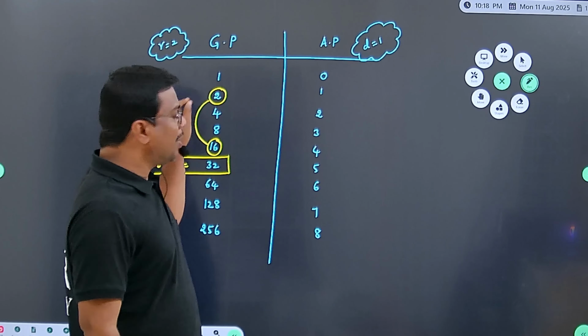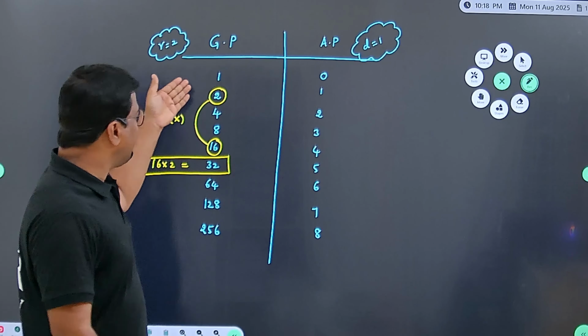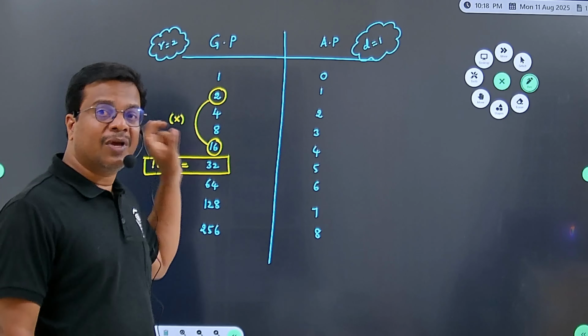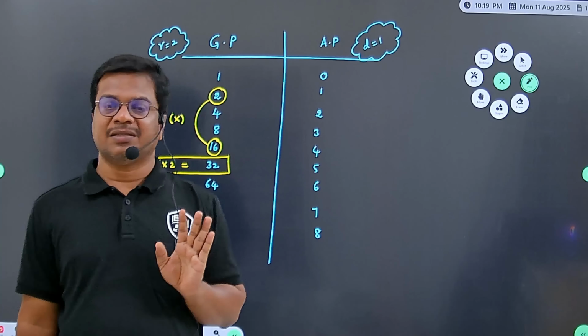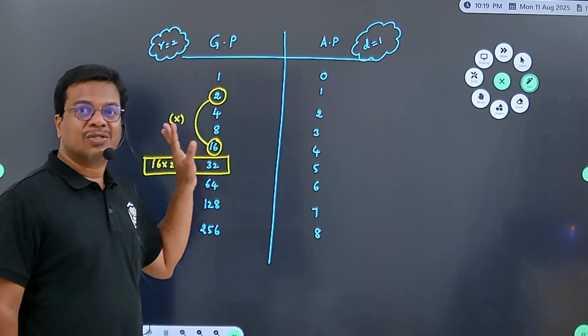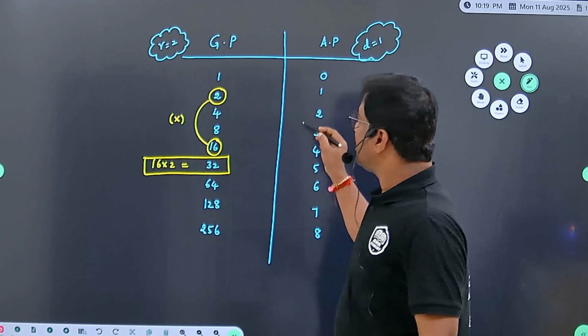Here 2 and 16 are small numerals, so we can easily multiply these two numbers. If suppose you have large numerals, then multiplication is difficult. So for such cases, see the logic.